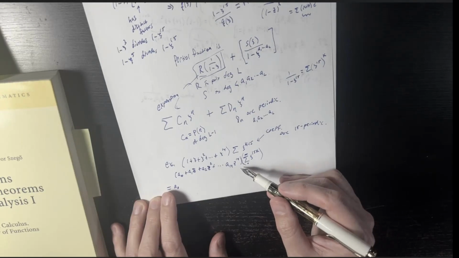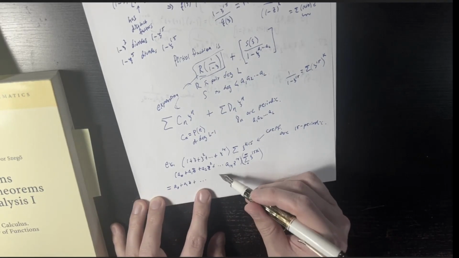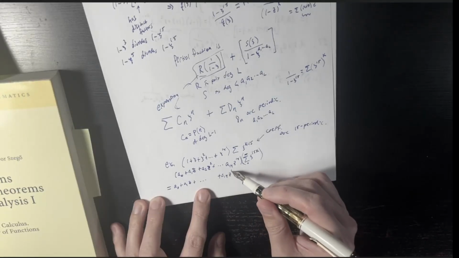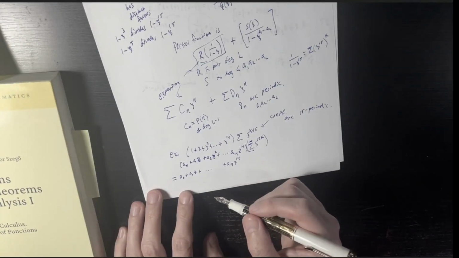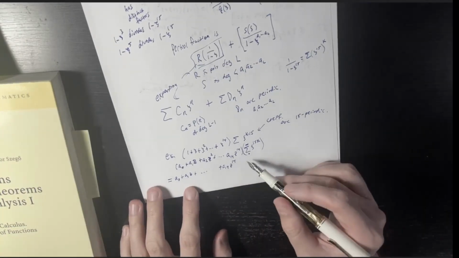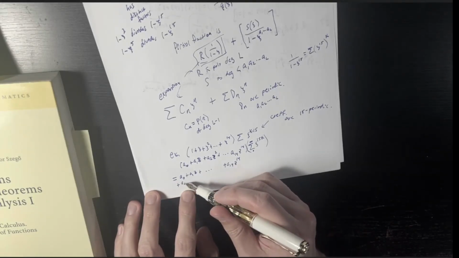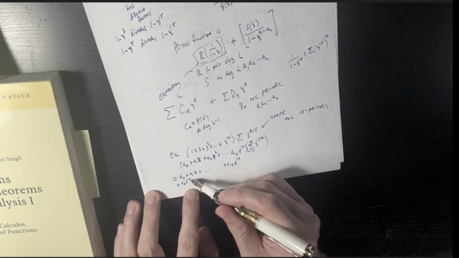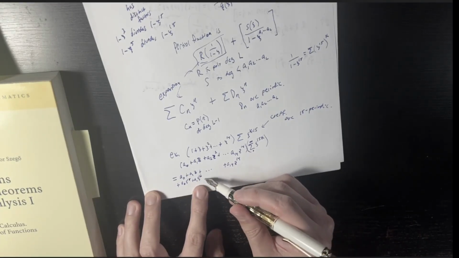You see one of those, you get itself. And then after that, you get zeta to the 15 times each of these, right? So a naught, zeta to the 15, plus a1. Now it's kind of obvious that it's cyclic, right?